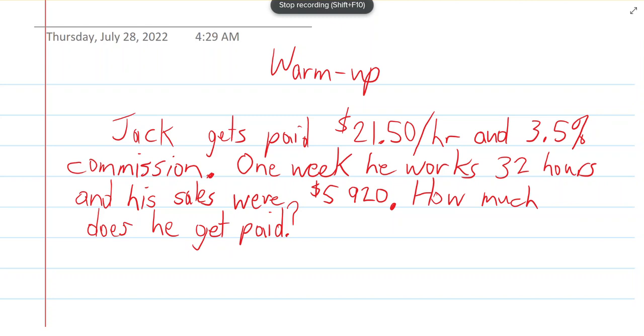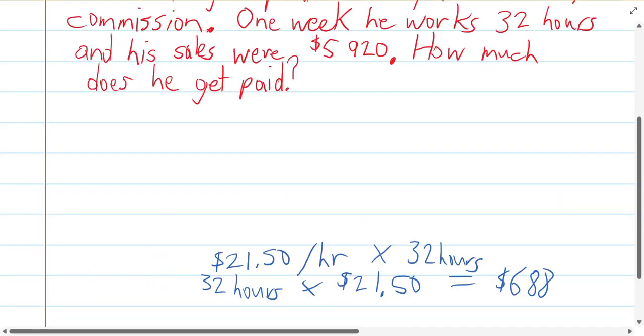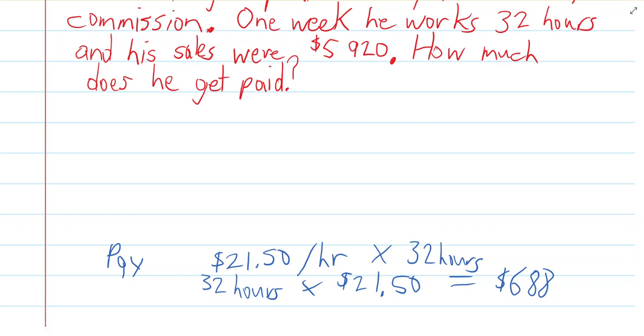Okay, so you're going to do this. Copy this down. So what we have here is his pay. For his hourly pay, it's $21.50 per hour times 32 hours, or vice versa, whichever you choose to do.